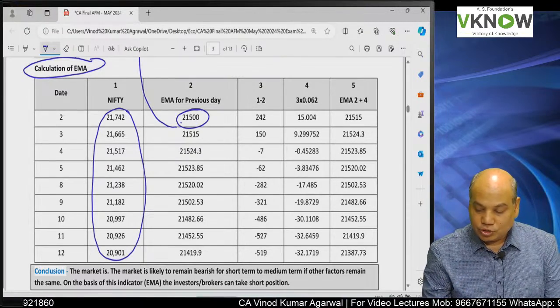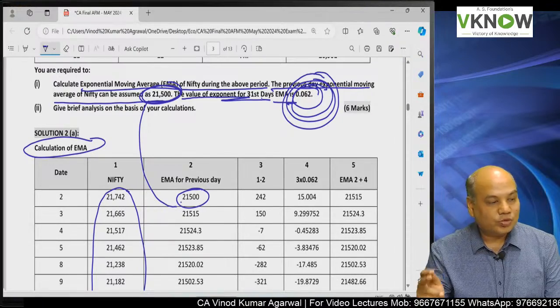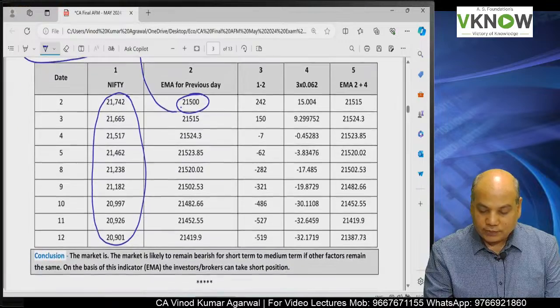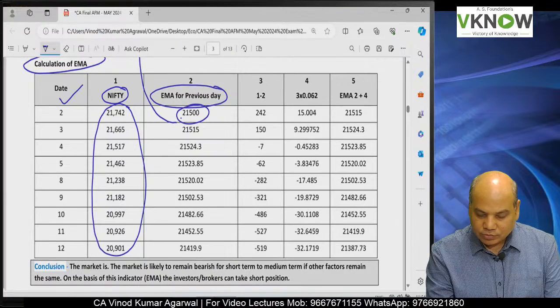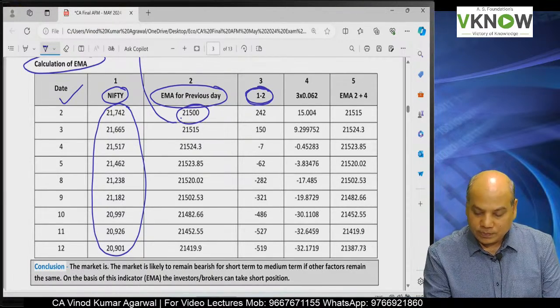Otherwise, the institute has even given this EMA factor, which was taken in the classroom: 0.062. So what is the formula for computing? You will write the date, Nifty, previous day EMA, and the difference between Nifty and previous day EMA.